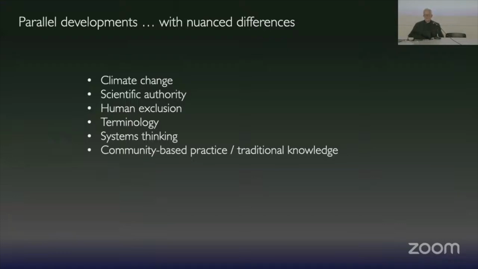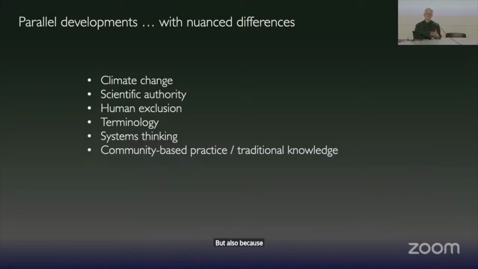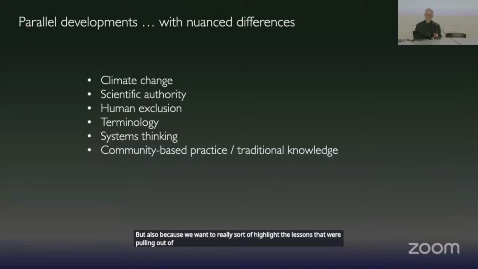Okay, we're going to get text heavy now in some of the slides, and this is partly because we don't have images from a field we're studying as opposed to a field that we're doing, but also because we want to really highlight the lessons that we're pulling out of the field of restoration ecology.